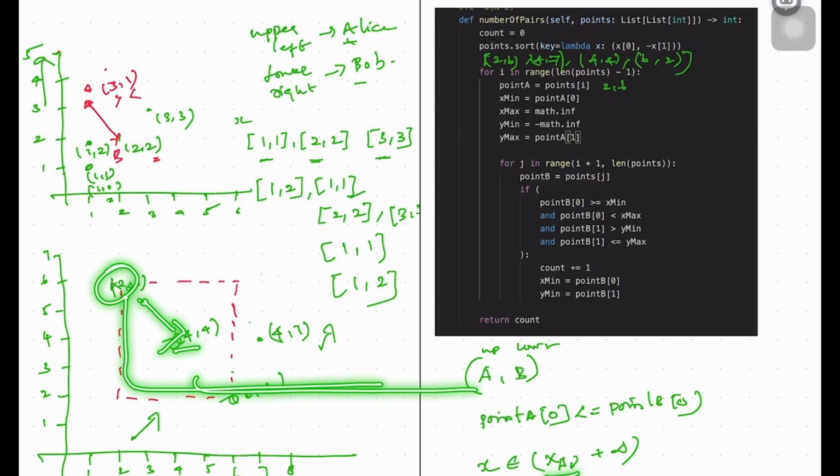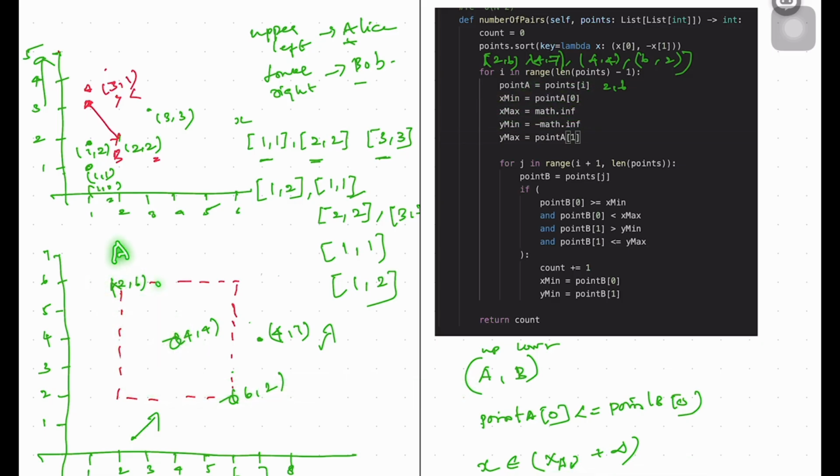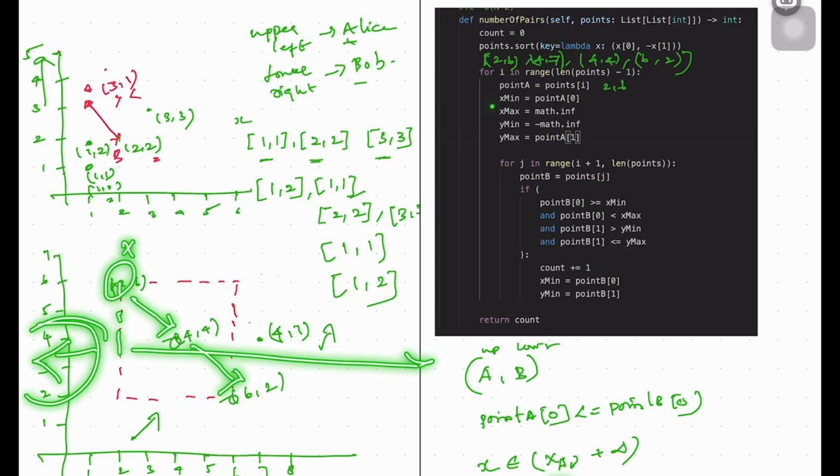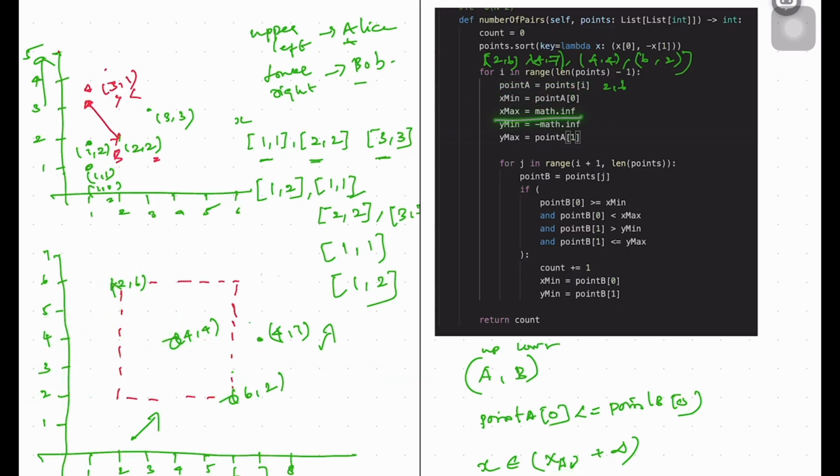If Alice is on the upper left, Bob should be on the lower right. So whatever should be on the lower right, the x values can range from 2 onward. That's why x minimum is point A of 0 and maximum can be infinite.